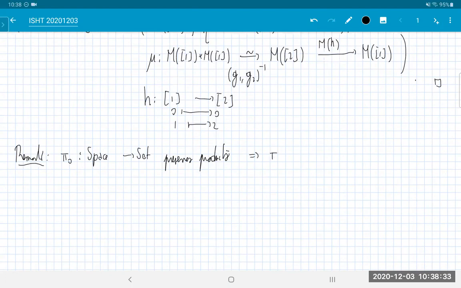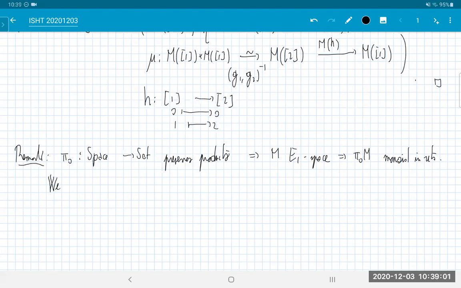So if M is an E1 space, a monoid in spaces, pi0 of M is a monoid in sets, just because with the obvious multiplication and everything that's given by the previous isomorphism.